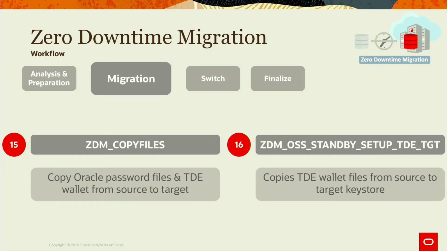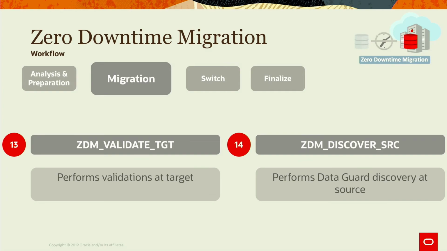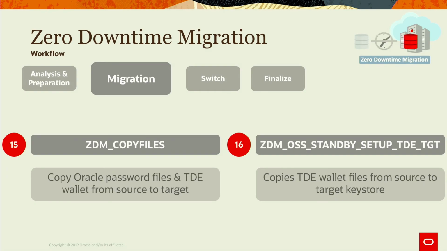Right? And then we do a DataGuard discovery at the source database, because we have to set up DataGuard for this process to happen. We then start copying files to the actual object store, and copying Oracle password files and the TDE wallet from the source and the target, and moving this to the target key store.